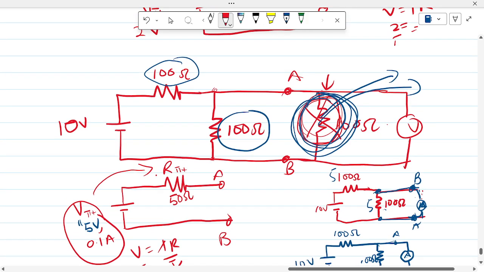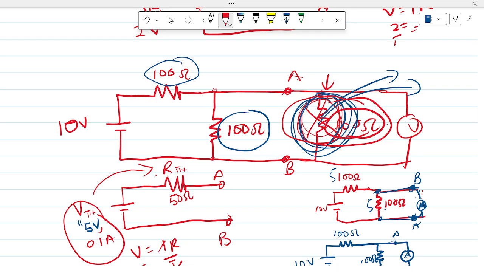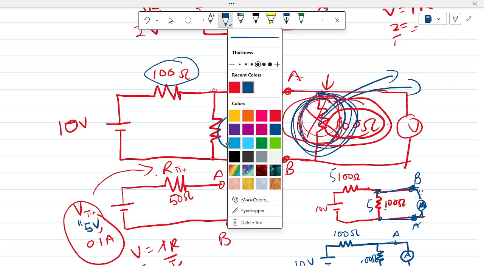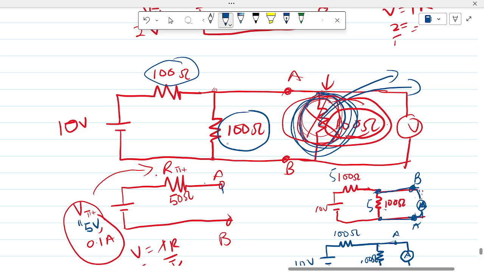Now if you want to find the current through this branch, you just replace your 100 ohms, put it back, then you find the current using Ohm's law.